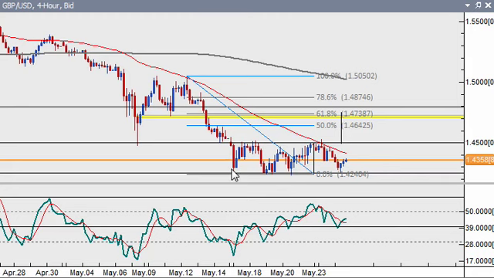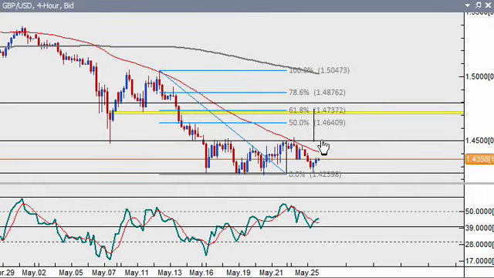We could have several counts here, A, B, C, and we may be done with this consolidation, or we may be starting another round of consolidation to end the week.